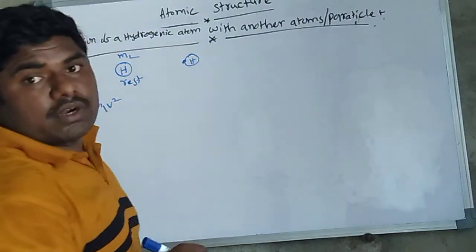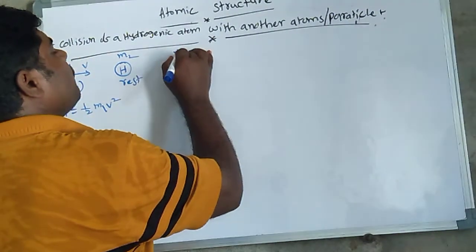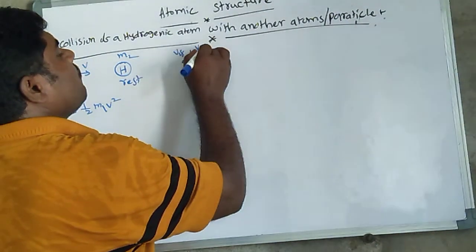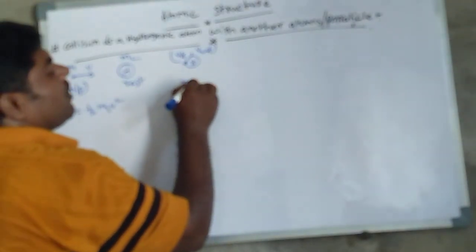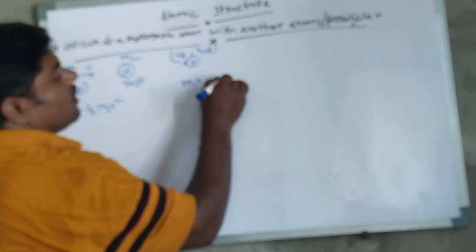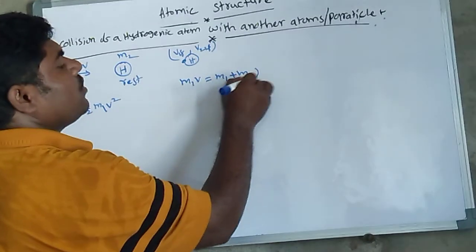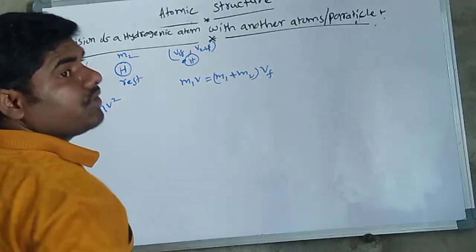Here this particle has v1 final and v2 final, where v1 final is this particle and v2 final is the hydrogen-like atom. Momentum is conserved: m1 v is equal to m1 plus m2 into v final.